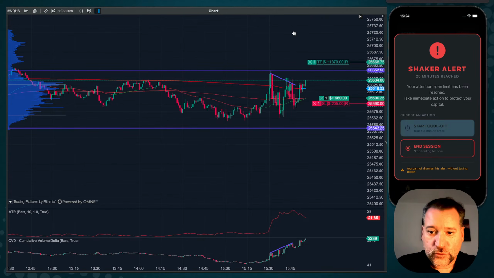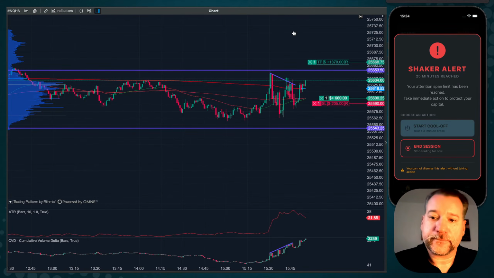I'm not going to allow this to be so much, you know, to allow me to have a loss of $1,200. $1,200 loss is too much from a risk standpoint.